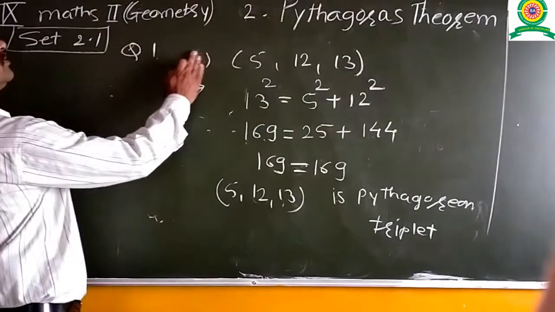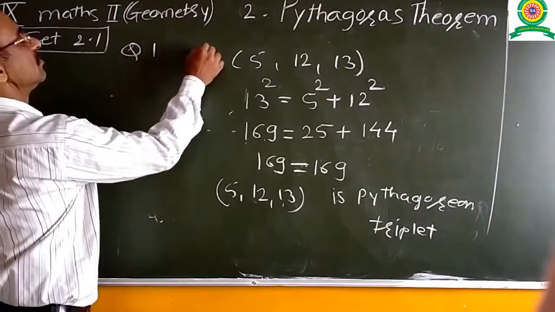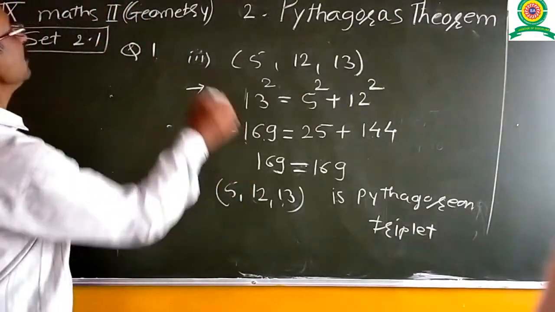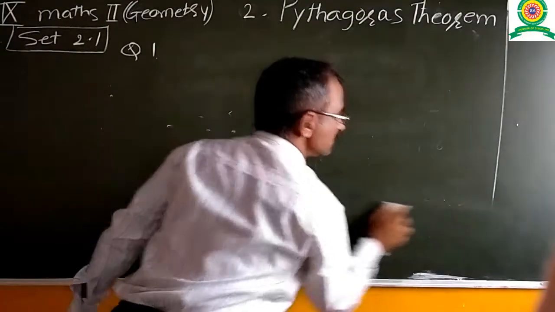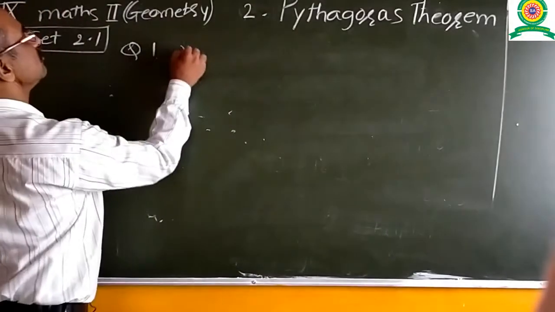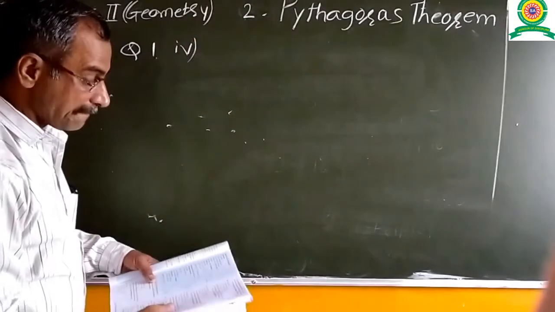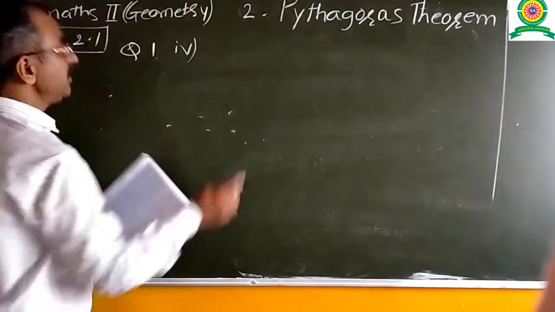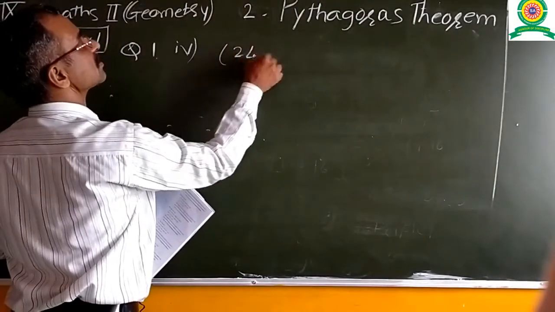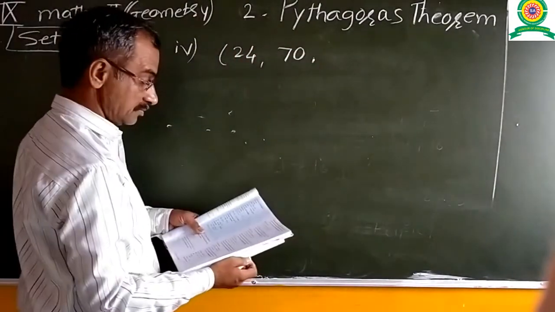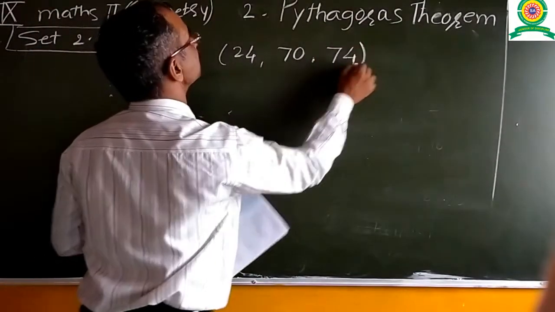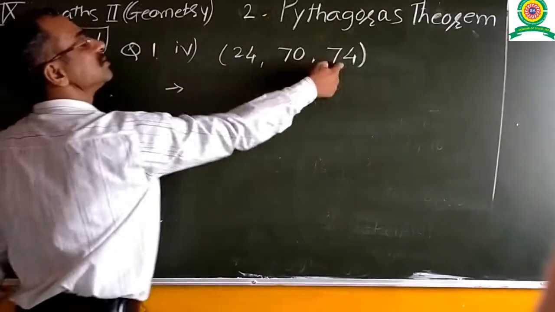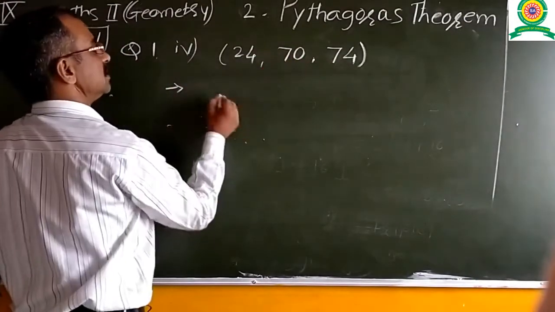Then the fourth one: 24, 70 and 75. Which is the highest number from these three? 74.